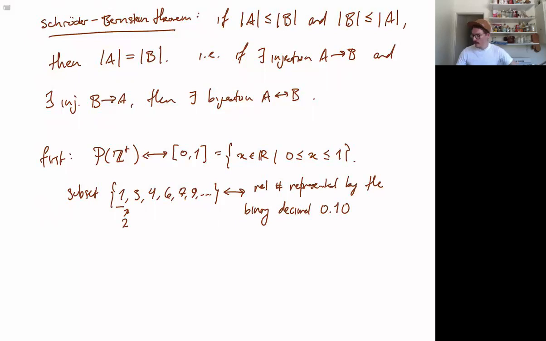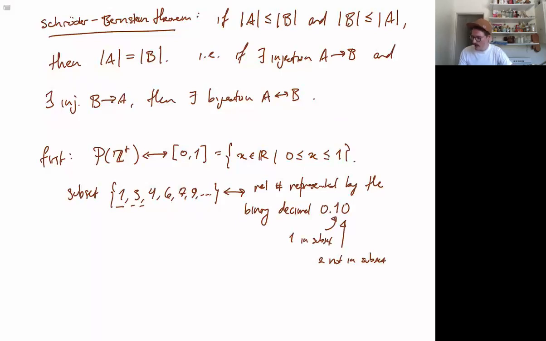So it has a 1 in the nth decimal position exactly when n is an element of this subset. So this is indicating that 1 is in the subset. This is indicating that 2 is not in the subset.